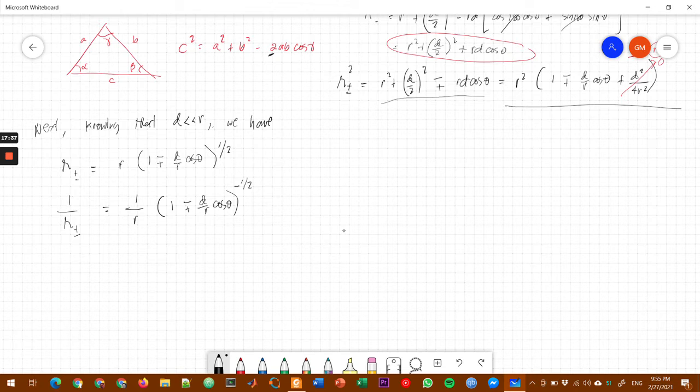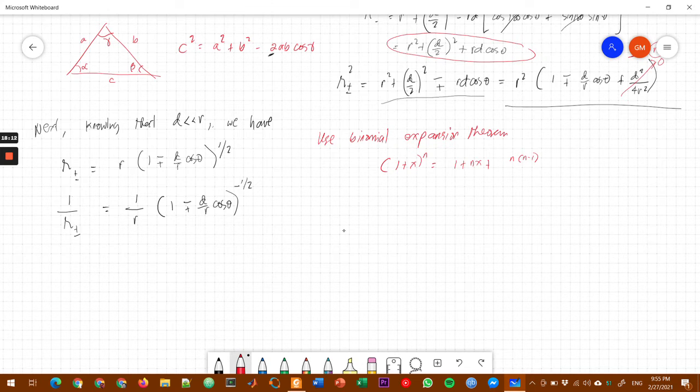So we use the binomial expansion theorem. We have this formula for that: 1 plus x to the n equals 1 plus nx plus, and so on.